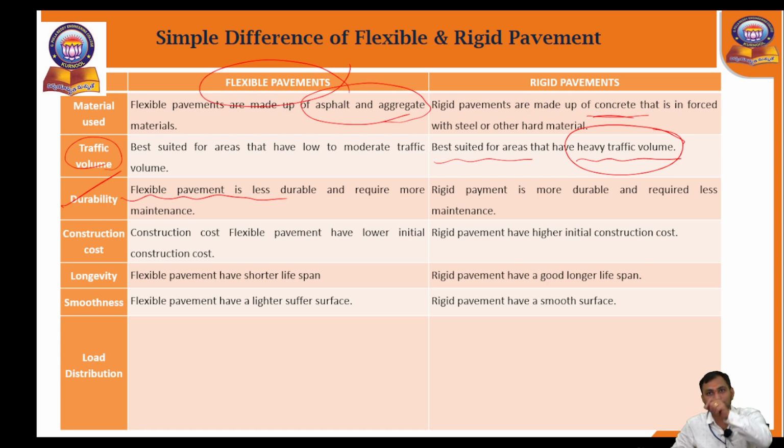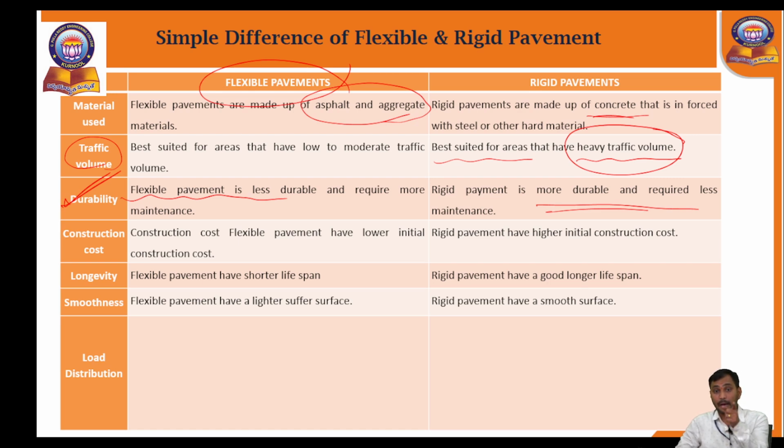But coming to the rigid pavement, the durability is more, with less maintenance. The rigid pavement is more durable but needs less maintenance. There is practically no maintenance for durable concrete roads. Okay, next, construction cost. The flexible pavement has a lower initial construction cost.